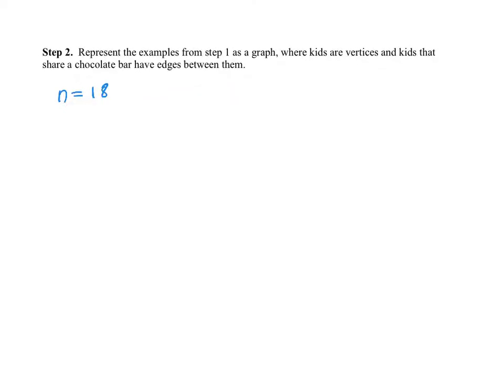So we have a kid as a vertex, and that kid is sharing with another kid, and the chocolate bar is represented by that edge that's between the two kids. And there's a cut that allowed us to share a 1/2 and 1/2 amount.